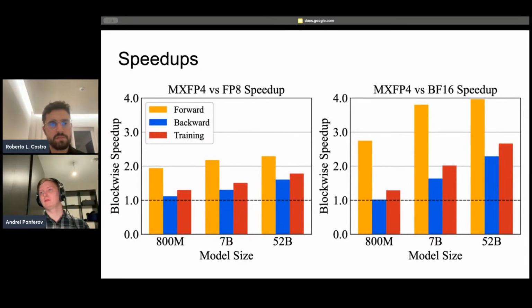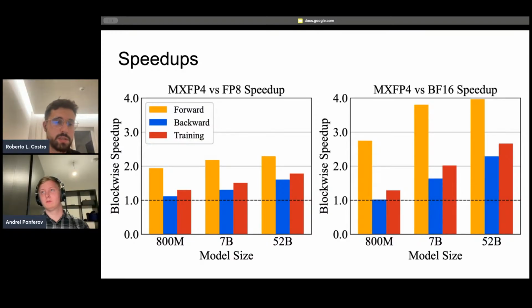And here I have some speed up numbers for our kernels. On the left, this speed up is of MXFP4 with respect to FP8. On the right, with respect to BF16, for layers extracted from 3 different models, whose sizes are 800 million, 7B and 52B.